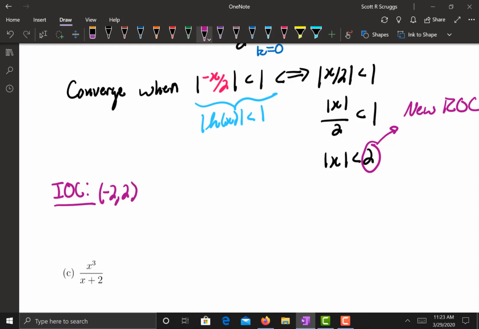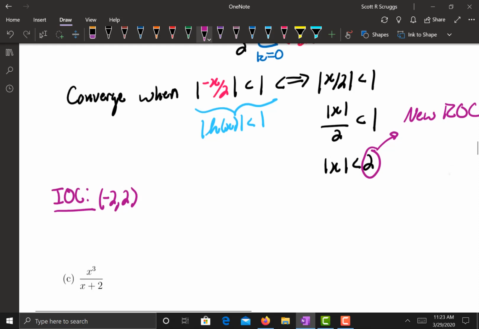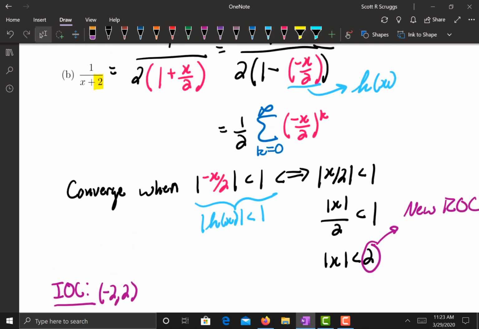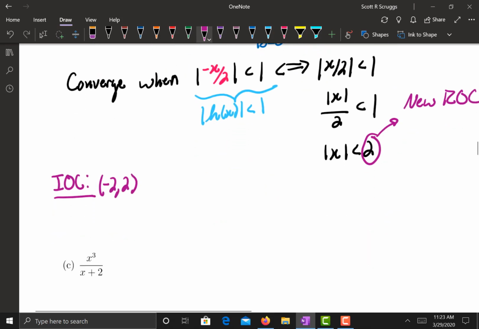And the reason why I'm not going over plugging in -2 is because if I plug in -2 for x, I get -1 to the kth power inside there. And because it's a geometric series, recall that it diverges when the absolute value of x is greater than or equal to 1.